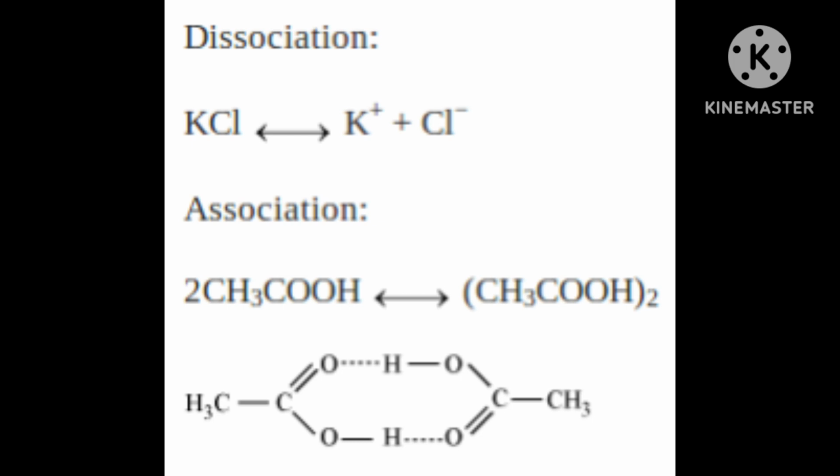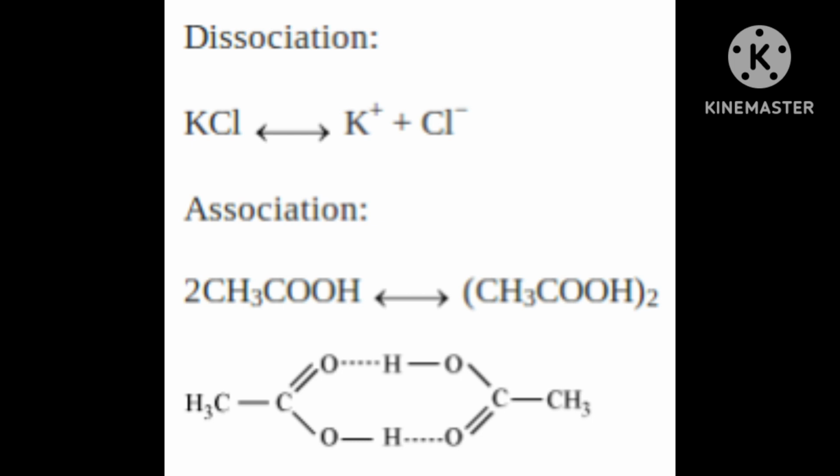Now if it actually happens, if we dissociate 1 mole of KCl in water, we expect 1 mole each of potassium and chloride ions to be released in the solution. If this happens, there would be 2 moles of particles. 1 mole of particles became 2 moles of particles in the solution.